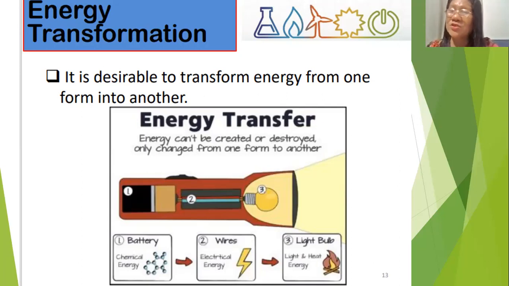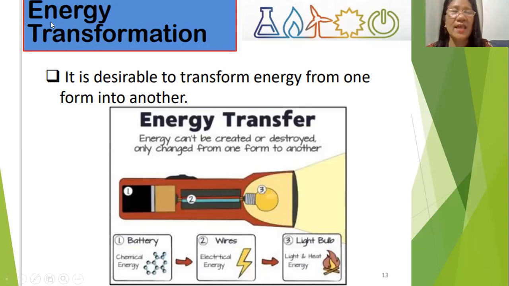If you talk about transformation, it means from an old one to a new one, from old product to a new product. From old energy, from one energy to another energy.